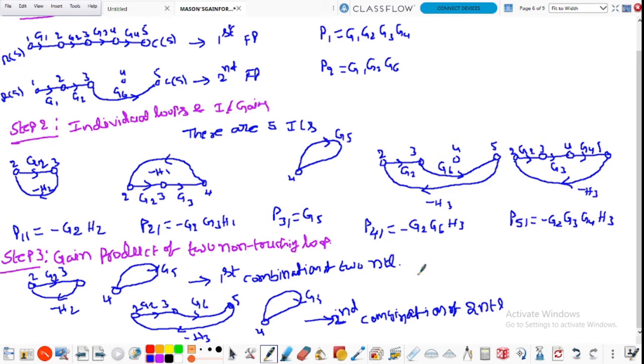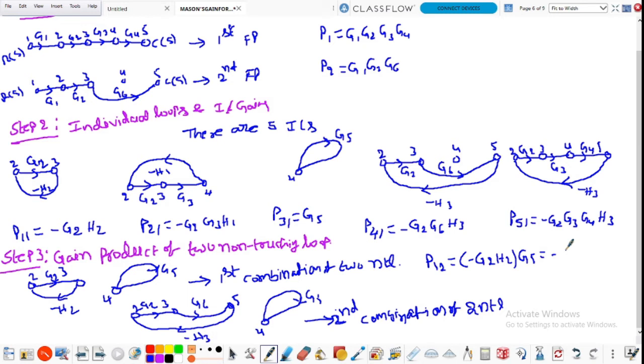So P12 is equal to the product of this loop's branch gains into the product of this loop's branch gains. So this loop gain product is minus G2 H2 into this loop gain G5, so that is equal to minus G2 G5 H2.